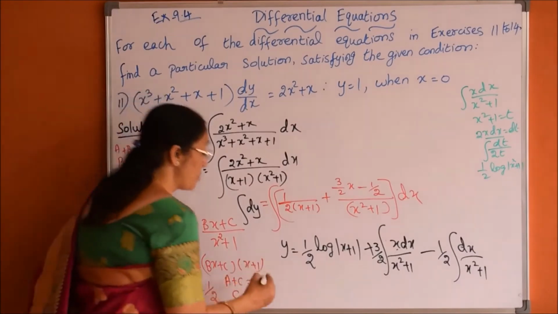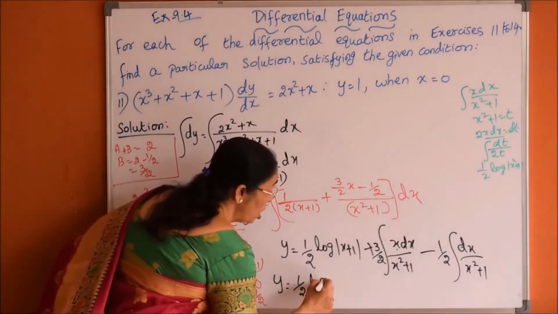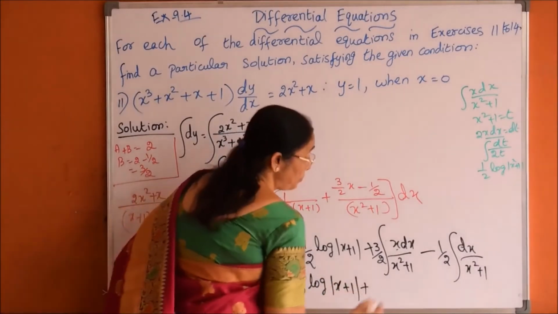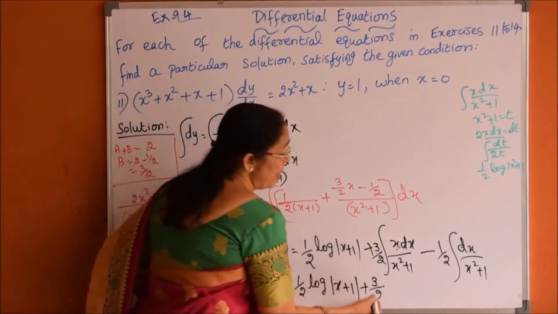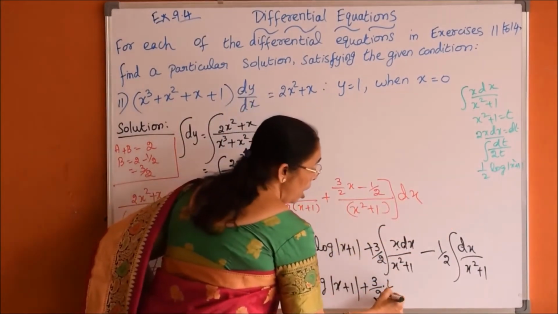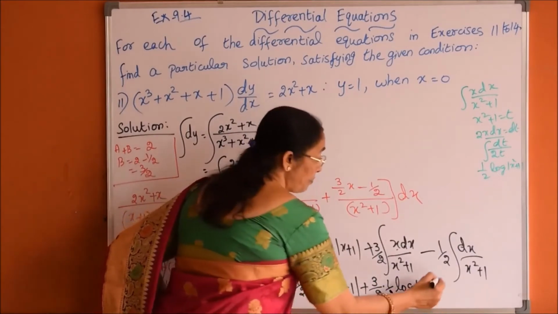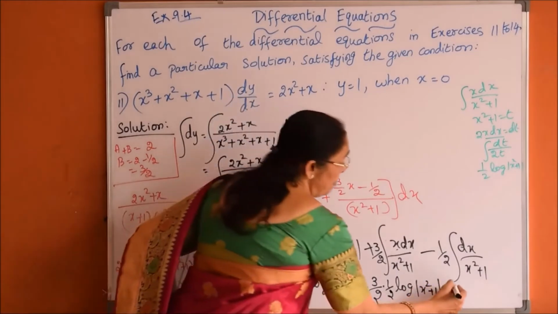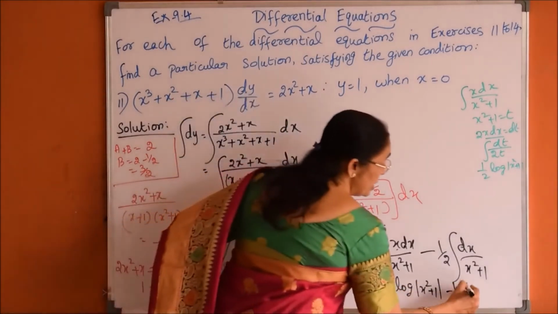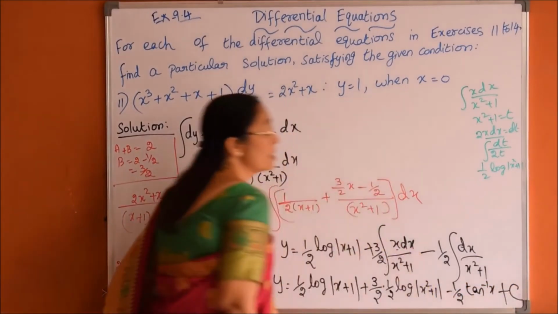Let me substitute. So y is equal to the first term, half log|x + 1|. Second term, 3 by 2 of half log|x² + 1|, minus 1 by 2 into the integration of dx by x² + 1, which is tan inverse of x, and the whole thing plus c.